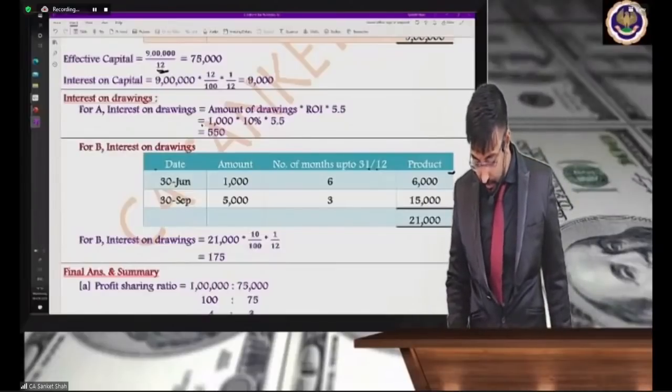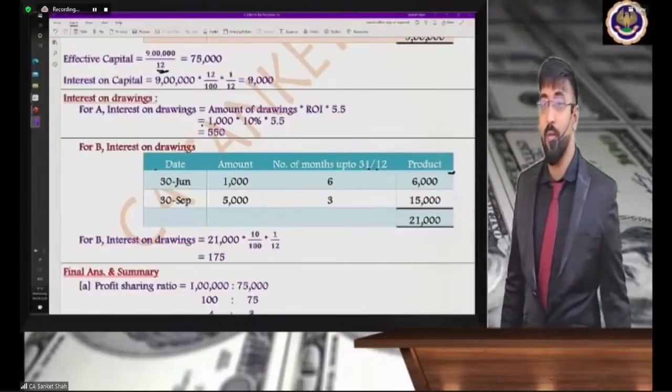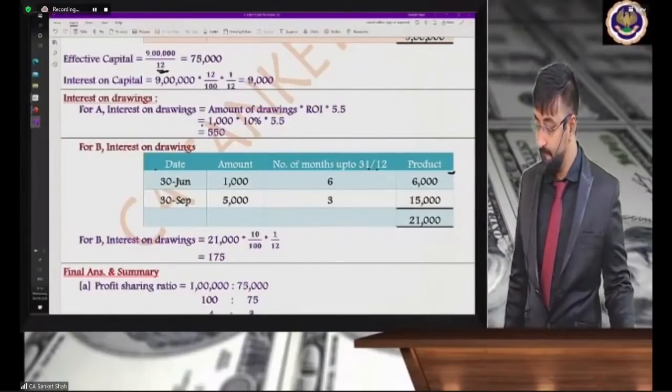Yes, Kriti Tiwari. Now you understood this concept. Chalo.